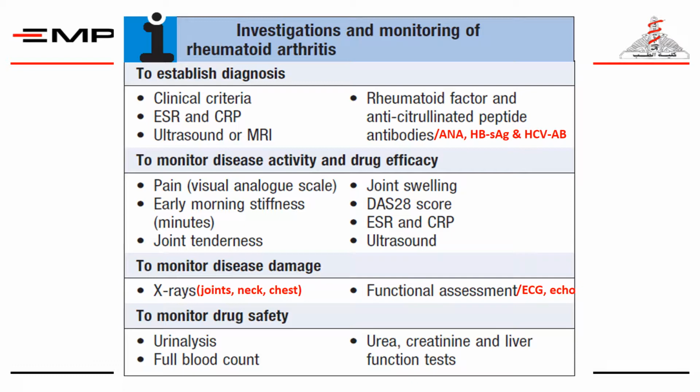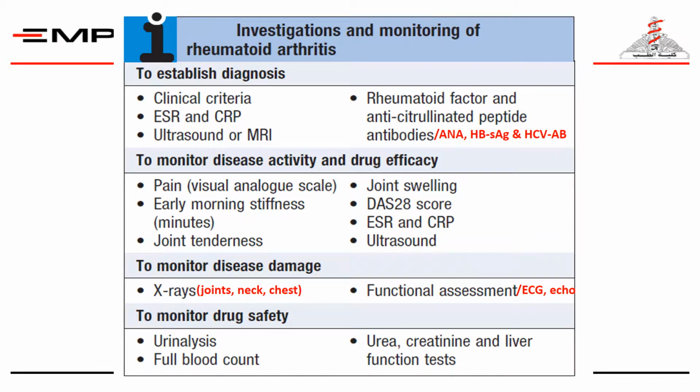To monitor disease activity and drug efficacy, we can use the visual analog scale, pain scale, early morning stiffness duration in minutes, joint tenderness and joint swelling, DAS 28 score, which we will show later, and ESR and or CRP follow-up. When there is improvement, these levels are decreasing.